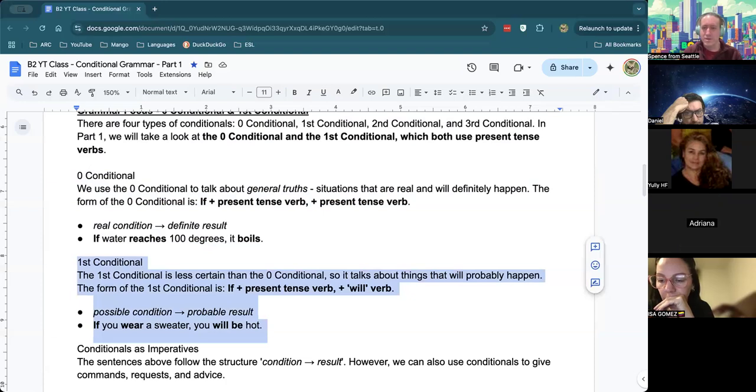The first conditional is less certain than the zero conditional, so it talks about things that will probably happen. The form of the first conditional is if plus present tense verb plus will verb. Possible condition, probable result.